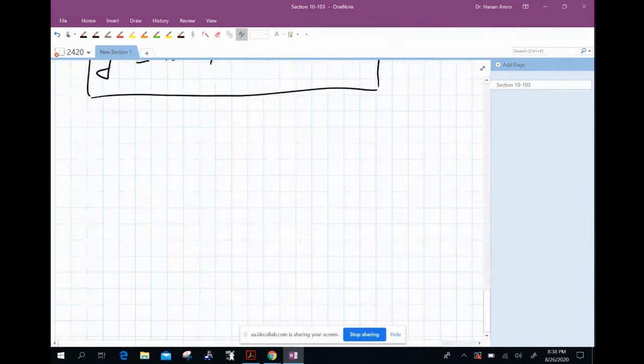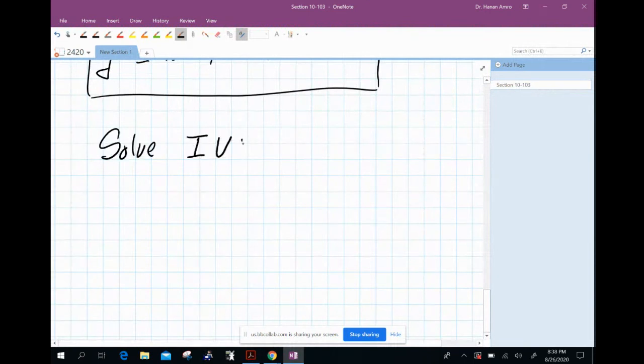Let's see another one, where this time I want to go to a particular solution. Let's begin a new page. We're going to solve the initial value problem, meaning it's given the problem, but it has a boundary condition.